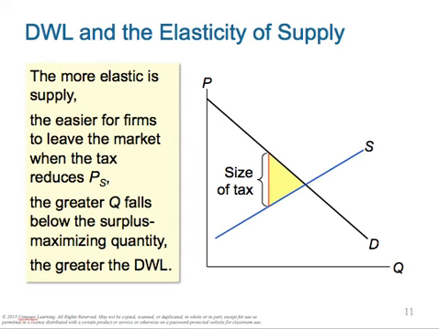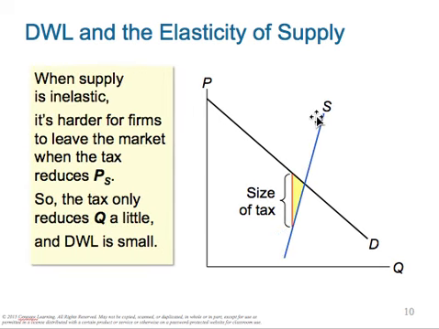So looking at deadweight loss and the elasticity of supply, when supply is inelastic, we have this pretty much vertical supply curve, very little elasticity. It's harder for firms to leave the market when the tax reduces the price that sellers receive. So if you're less elastic, you're less likely to leave the market. So the tax only reduces the quantity a little.